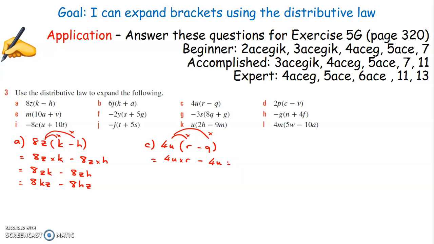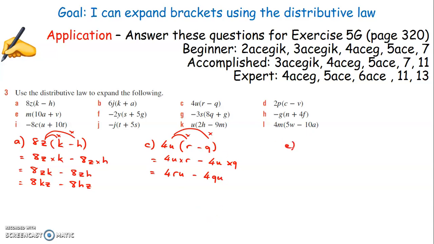I was still thinking about the 8 from the last question. So 4u times r is 4ru. I'm just rewriting the letters in alphabetical order. And then bring the minus sign down, and 4u times q is 4qu.